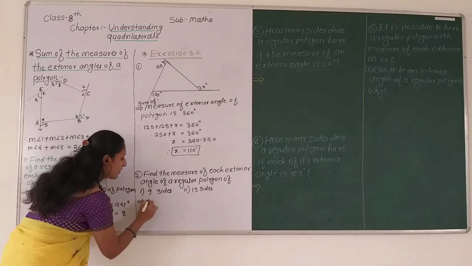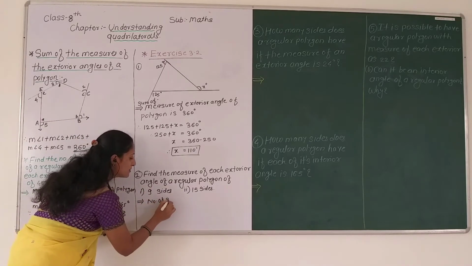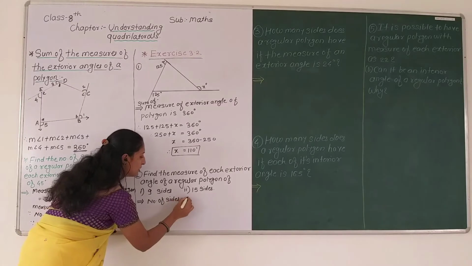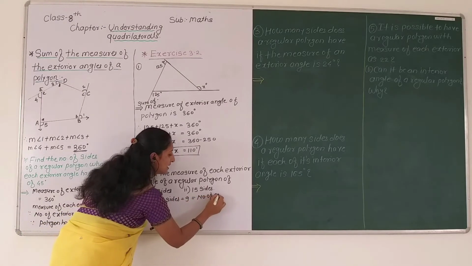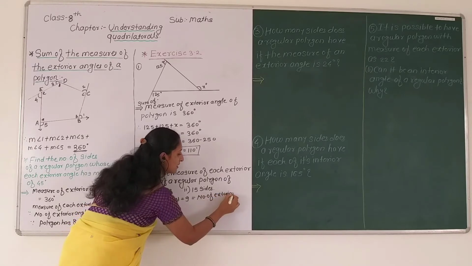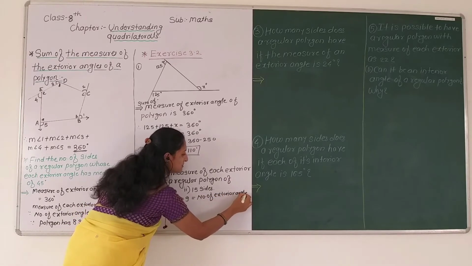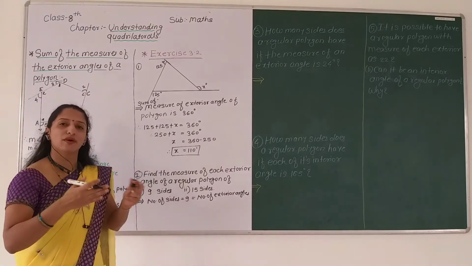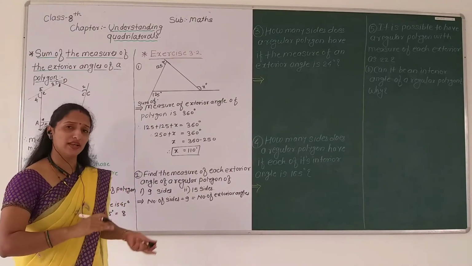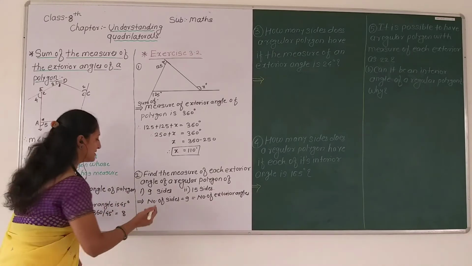Here the number of sides is equal to 9. The number of exterior angles is the same as the number of interior angles. Number of sides is equal to number of interior angles is equal to number of exterior angles.